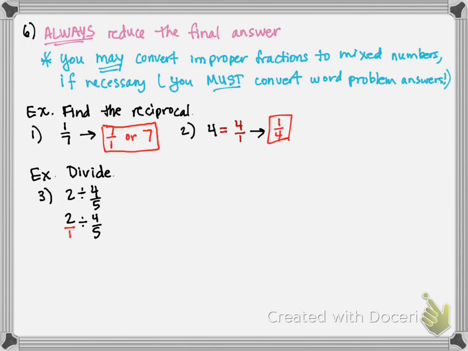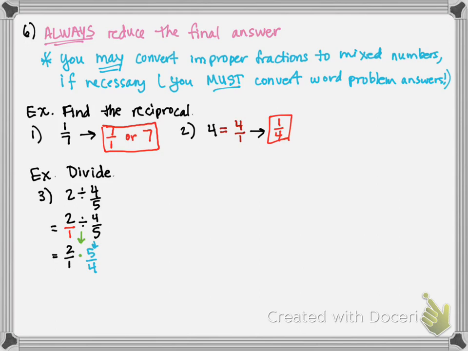Step 2 says, okay, we're going to keep that first fraction. So we're going to have 2/1. Then it says we're going to change from division to multiplication. Okay, and I'm using the dot symbol for multiplication. Then it says take your second fraction and write its reciprocal, 5/4.